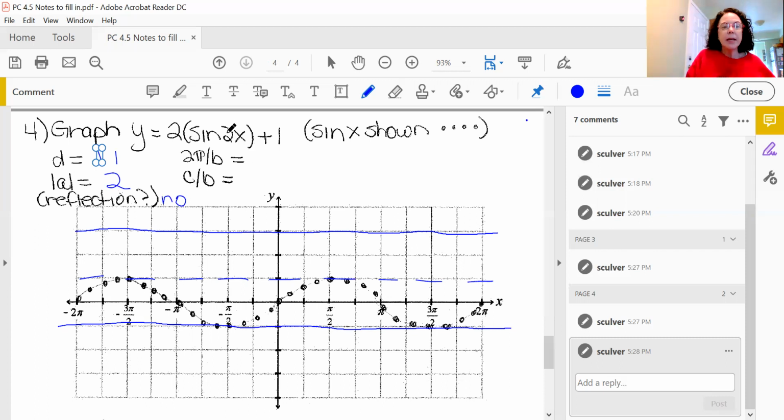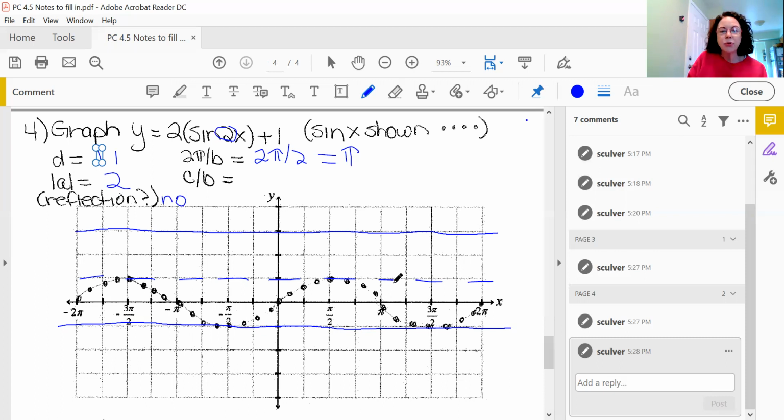Notice that my B is 2, and so my new period would be 2 pi divided by 2, which is pi. That means I'm going to make a full sine wave with the upper loop and lower loop between 0 and pi instead of between 0 and 2 pi.